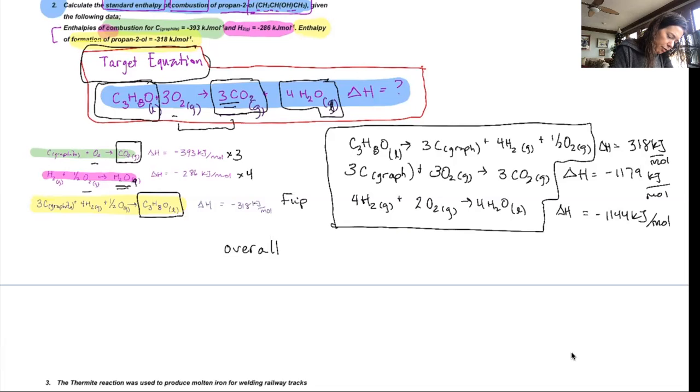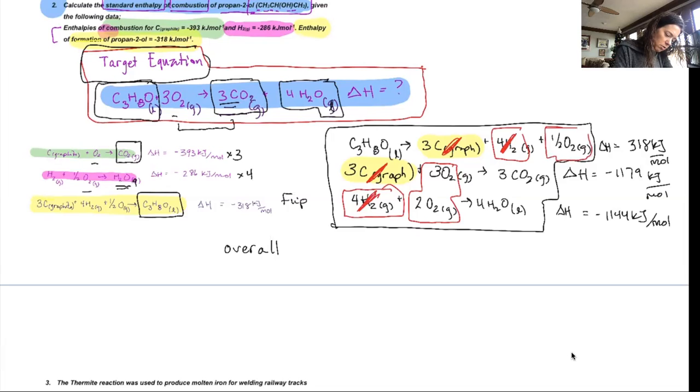We've got 3 graphites here and 3 graphites here, so those will be gone, right? We've got 4 hydrogens here and 4 hydrogens here, so those will be gone. Notice that we've got 3 plus 2 is 5 oxygens here. Over here we have a half of an oxygen.